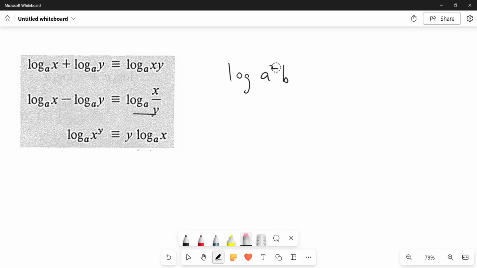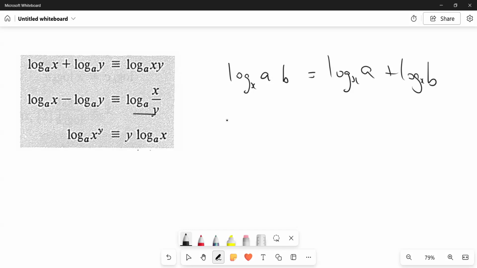Let me take out the power. I won't go that far so quickly. The logarithm of AB, if you were to expand that out, is equal to the logarithm of A plus the logarithm of B, right? And no need to put a base here, right? If you want to use X, no problem. We know that we're dealing with a common base, right?